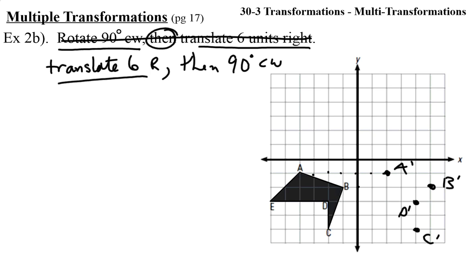D prime. And then E prime. So there's our first, ooh, that was a little ugly. There's our object primed. Now we want to rotate 90 degrees.